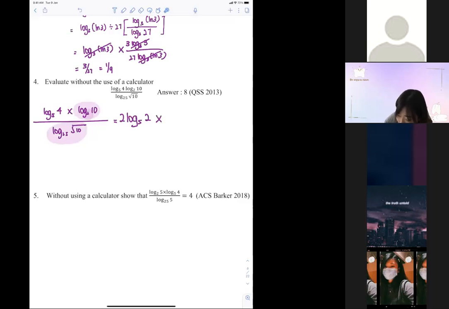Okay, this one I want to change to base 5. So log 5 over log 5. Remember, top number put on top, bottom number put below. This longest line change to divide. So divide by. This one you can change base to base 5 again. Log 5 over log 5. Okay. Square root 10 above, 25 below.